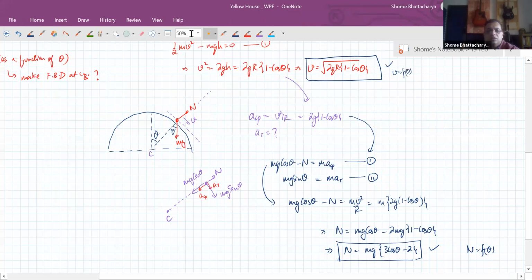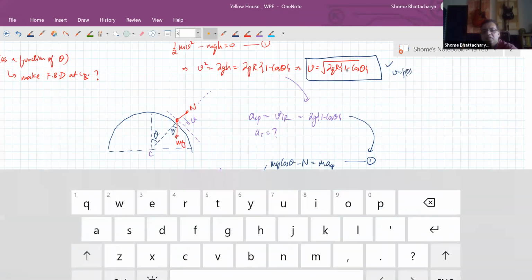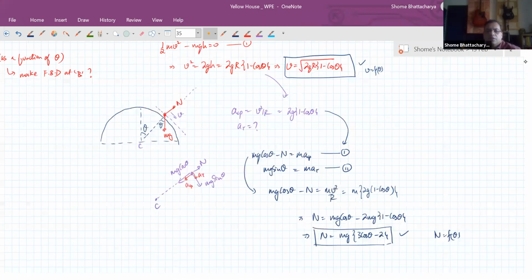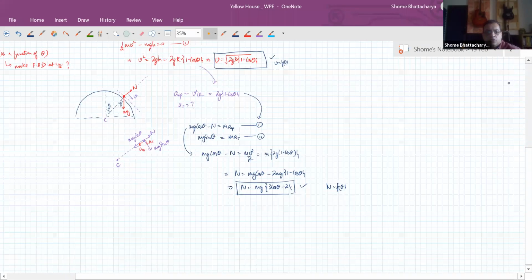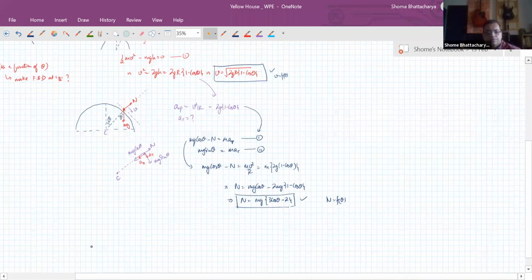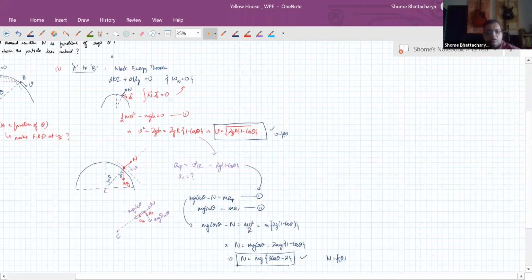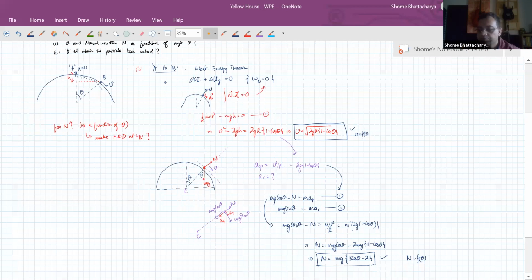Okay. So now using these two values, you can find out the angle theta at which the contact is lost. And from that you can find the speed at which the contact is lost. So you can work out the second part of the question, that is, find out theta at which the particle loses contact.